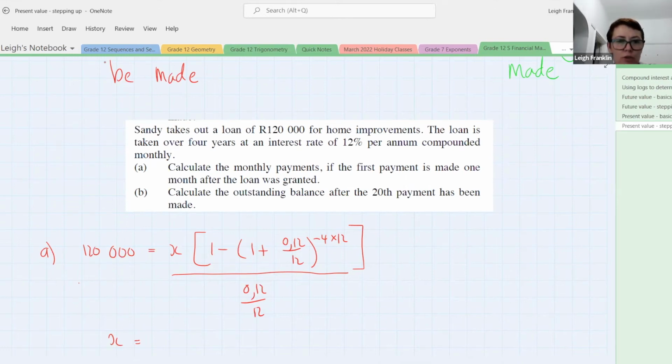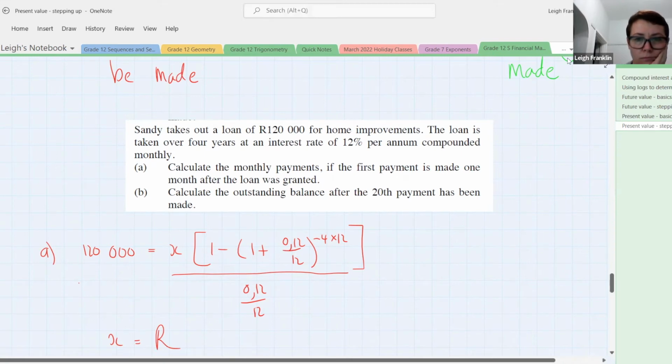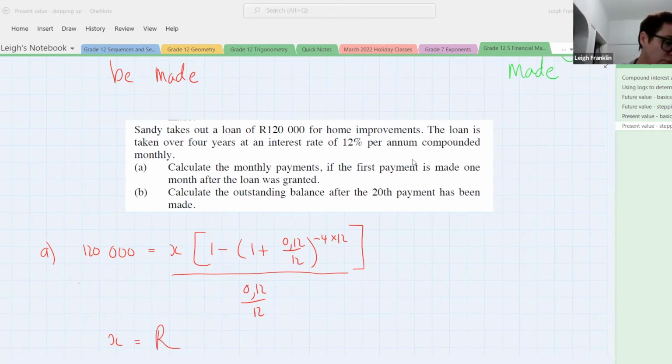Okay, you can share what you guys are getting as well in the chat. Yeah, I get exactly the same thing.